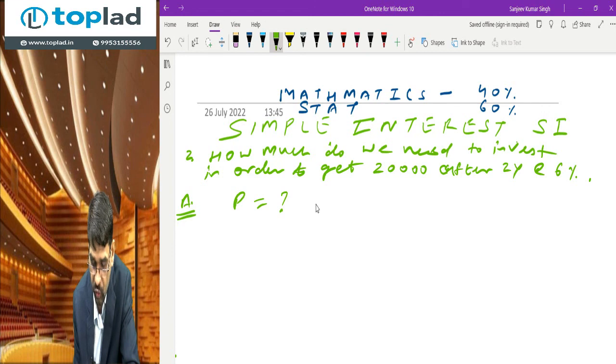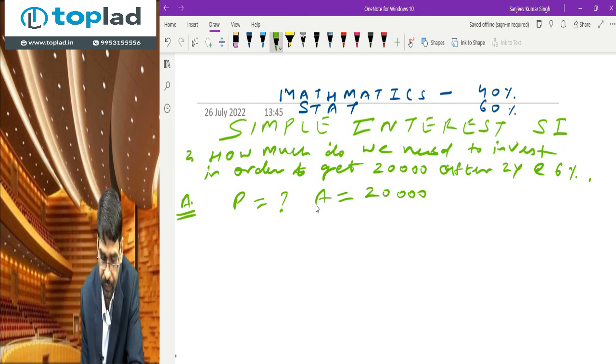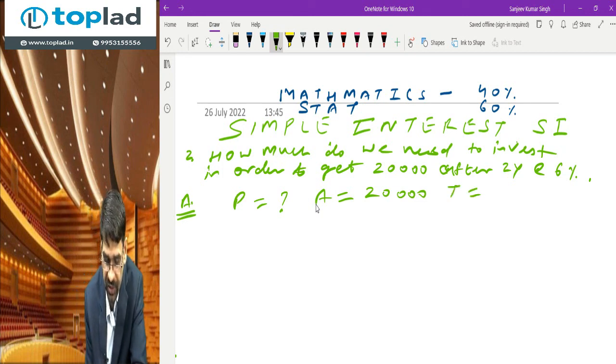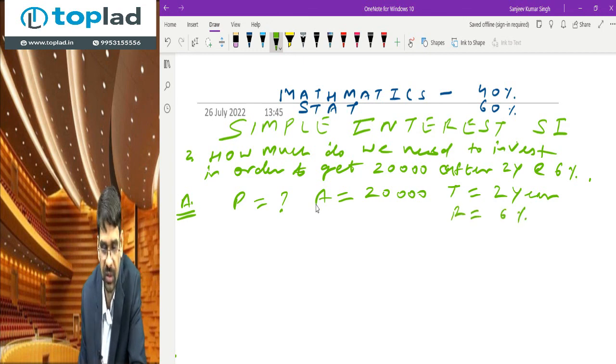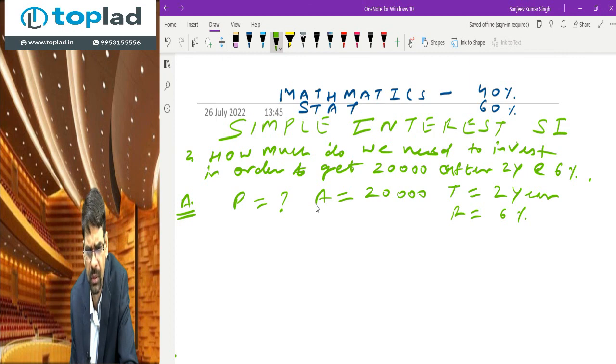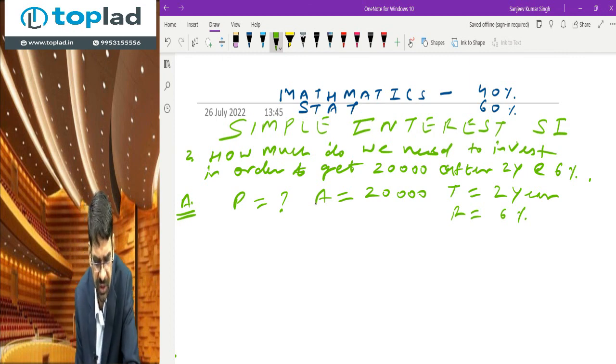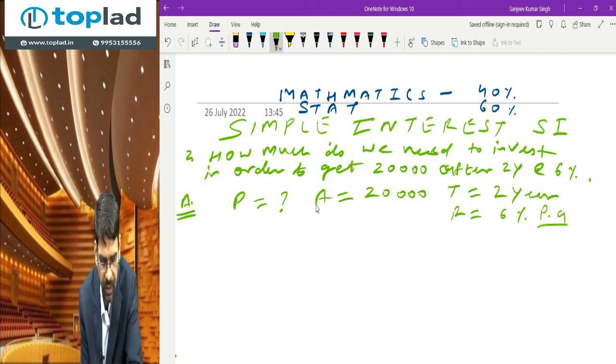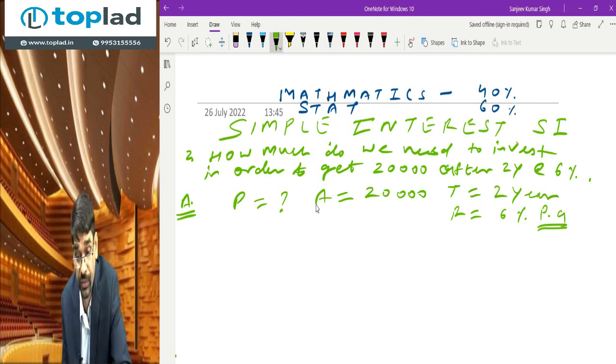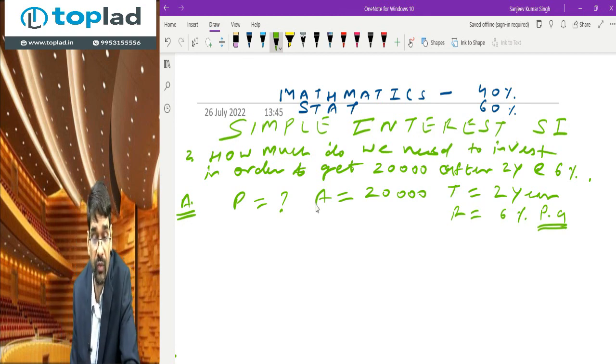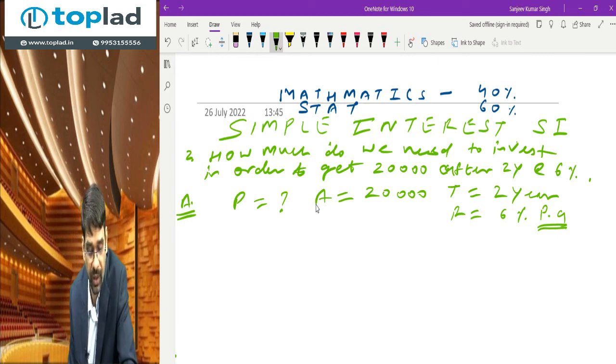In order to get 20,000 means amount is given, 20,000. After 2 years means time is given, 2 years. At the rate of 6% means rate is given, 6%. Nothing is mentioned about the rate, it means 6% per annum. This is understood. If nothing is given, it means per annum.